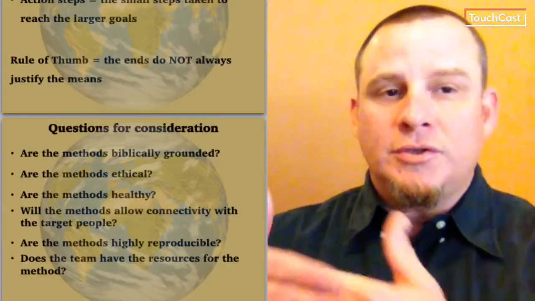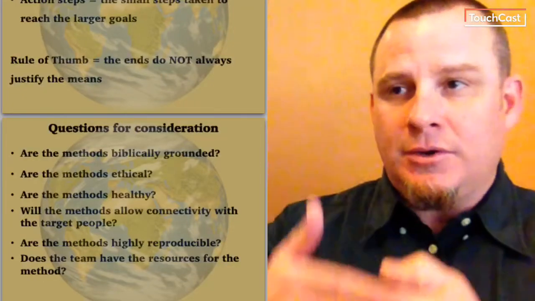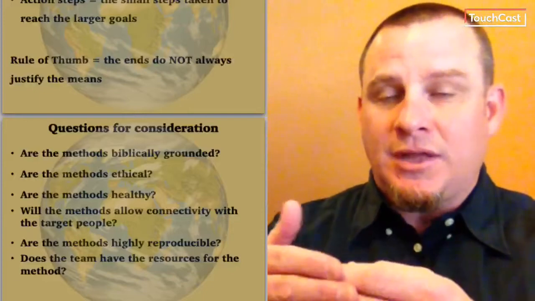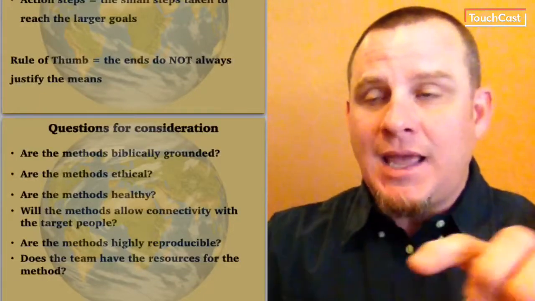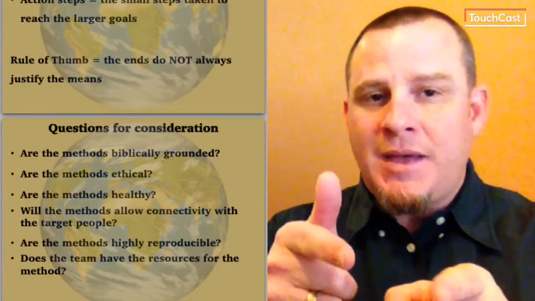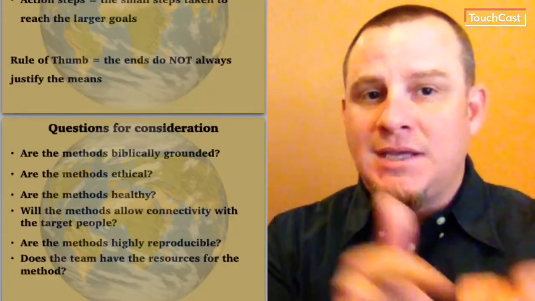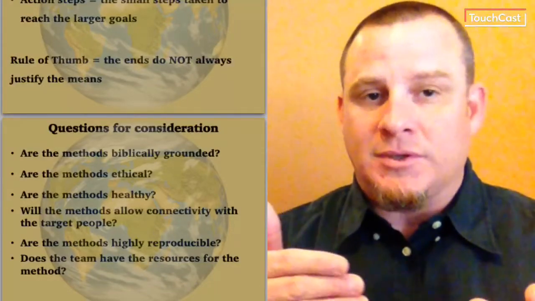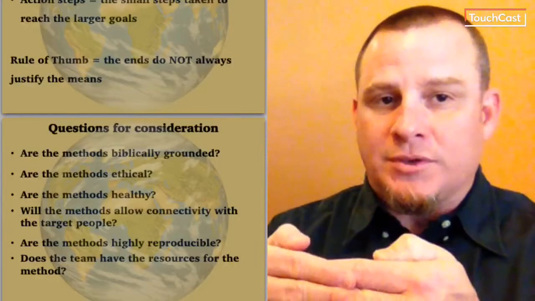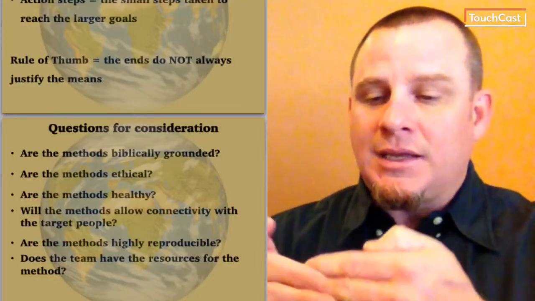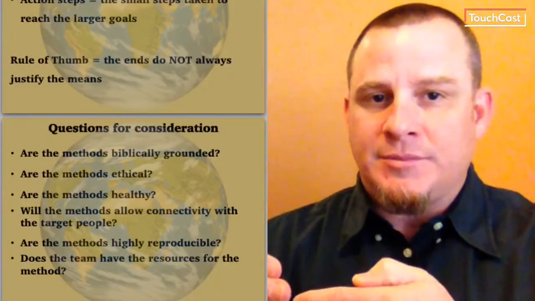Finally, does the team have the resources for the method? There's a lot of good ways to get from here to there. There's a lot of good action steps that we could take to get to our goal. This goes back to the previous chapter in knowing our team. Our team are resources. Do we have team resources, team members, that can help us fulfill these action steps?